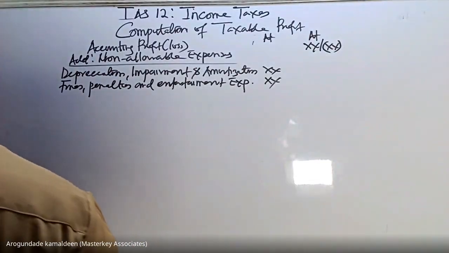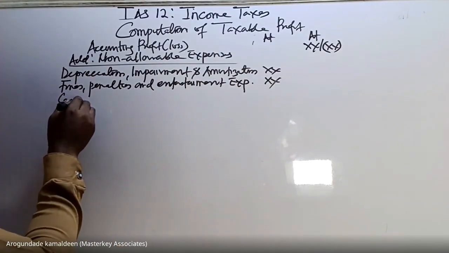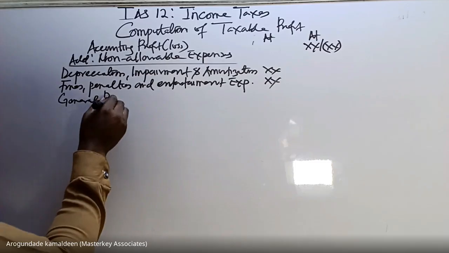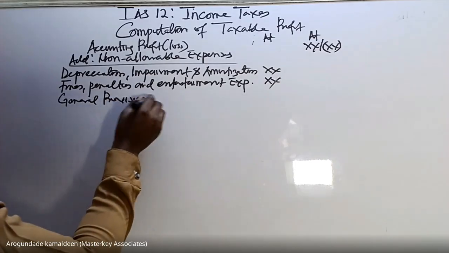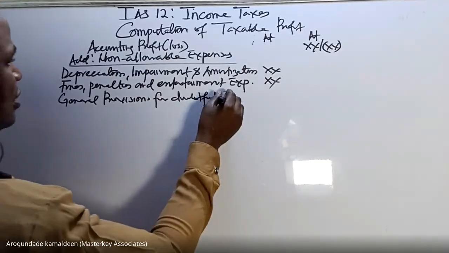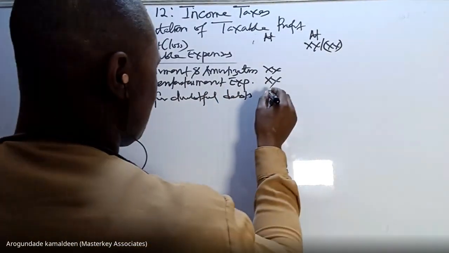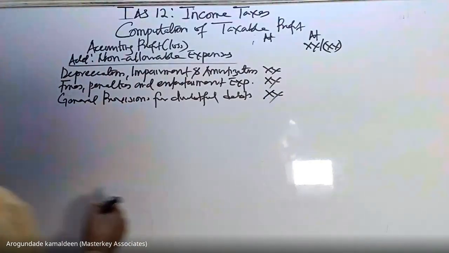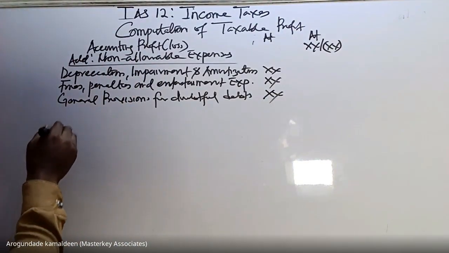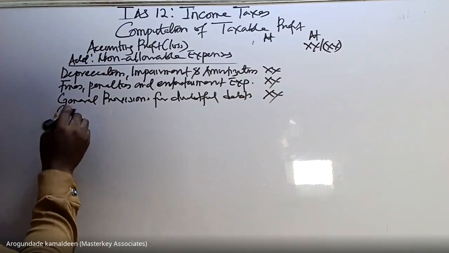Next, you have general provisions, for bad debts. You also add back. Next, you have general donations.